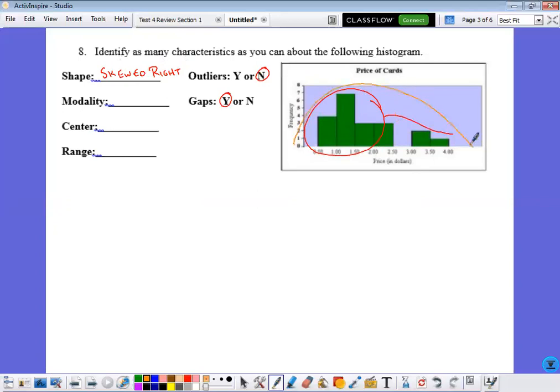I myself see one hump, and so I see it as unimodal. I could understand where people might argue that there's two humps by going down and then back up. To me, it continuously goes down, so there's one hump. But if you considered it two humps, that would be bimodal. And then for our range, I'm going to go ahead and erase these real quick.